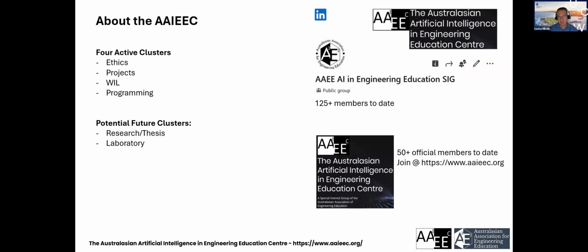Our main form of communication is via a LinkedIn group, which is available via searching for this. We currently have over 125 members. And then if you come along to our website, you can officially join to become an official member. And we're currently sitting at over 50 members.